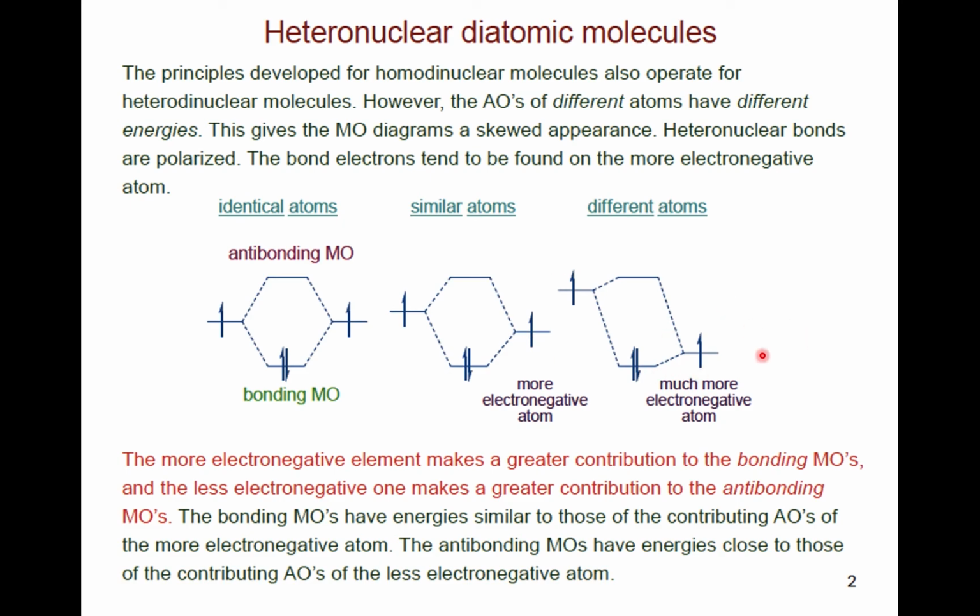If we push this really hard and had something like lithium and fluorine, which as you know is an ionic compound, this essentially would be 99.9% the lithium 2s orbital, and this would be 99.9% the fluorine 2pz orbital that we would have here.